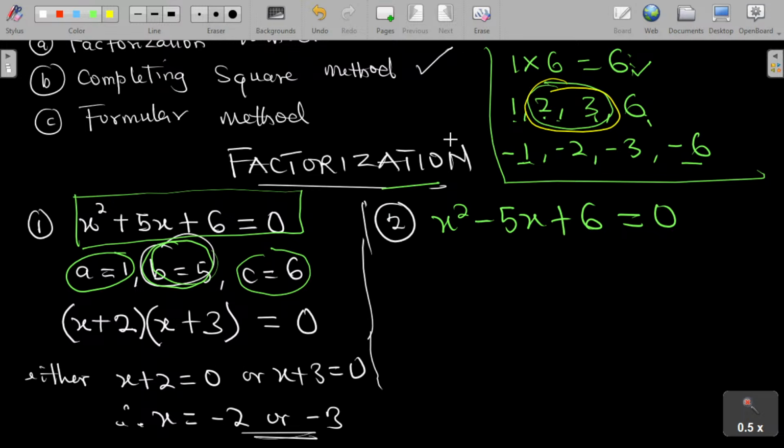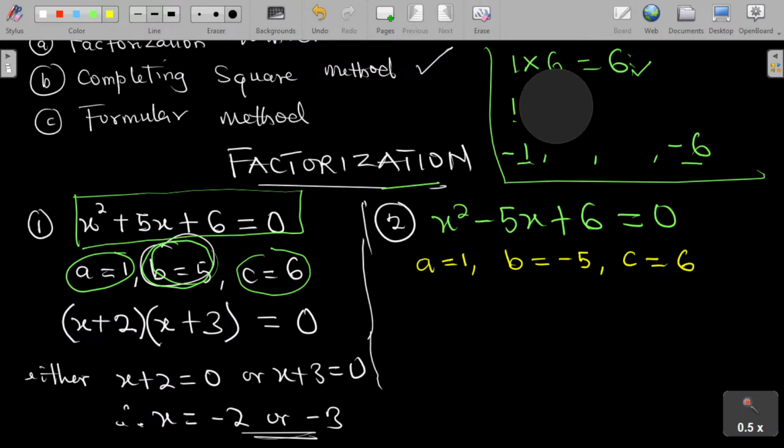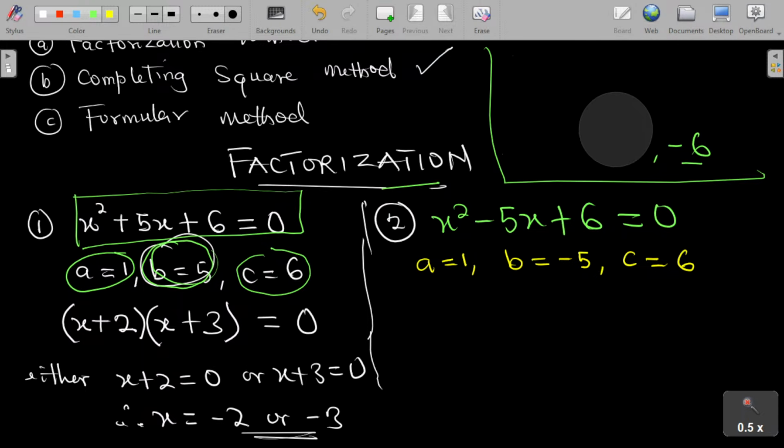Let's do it together and we will close here. Okay, quickly, let's look at it. So our A is 1, our B is -5, and our C is 6. Is everybody here together? Yes. So use your A and multiply your C, not your B. So if I do that up there, I'm going to have 1 times 6, which is still 6.